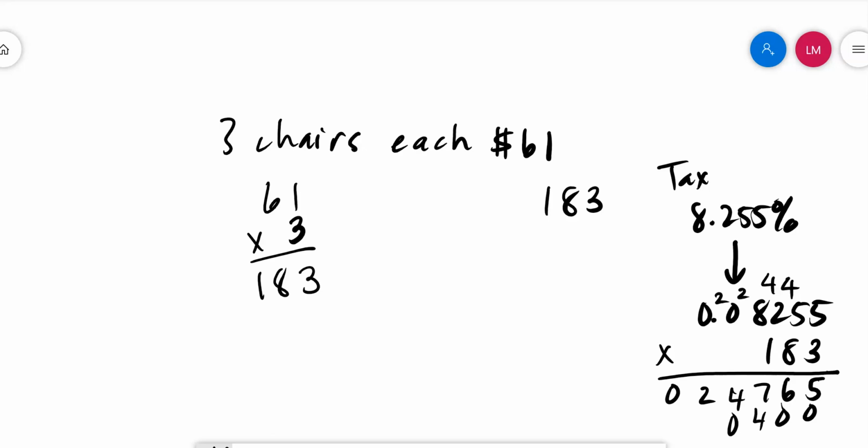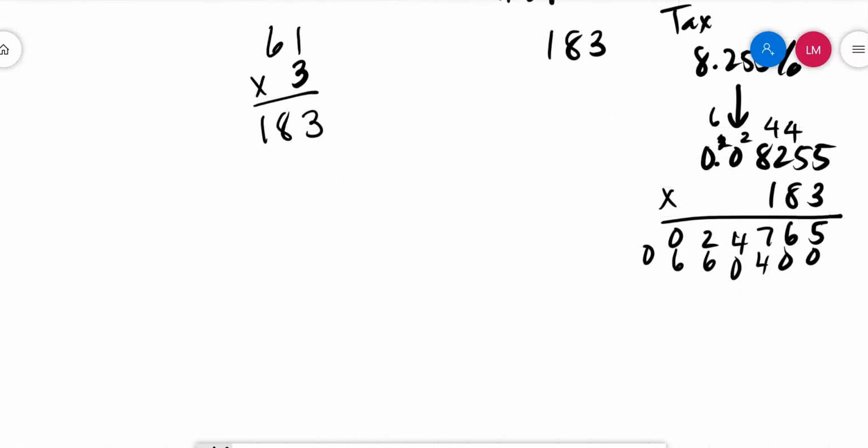Carry a 2, 64, 65, 66. 6, carry a 6, drop a 6 down, and then a 0. Okay, I'm going to move up. Now I'm going to put 2 zeros. Get a little messy here. And luckily it's a 1, so we're going to put 5, 5, 2, 8, 0, 0.